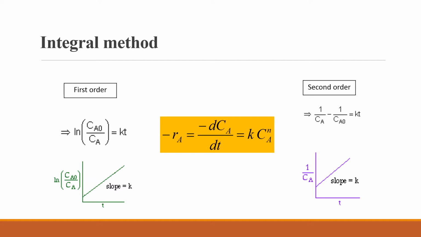In order to fit our kinetic data in this equation, plot ln CA0 by CA versus t. Check whether straight line is obtained. If straight line is obtained, then get slope and intercept so that we can get order of the reaction and rate constant respectively.